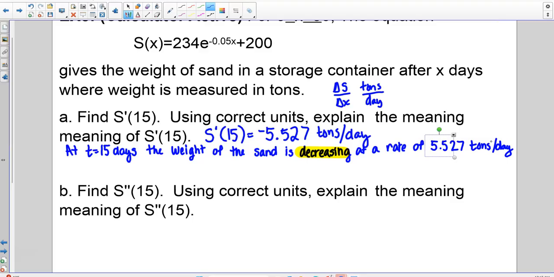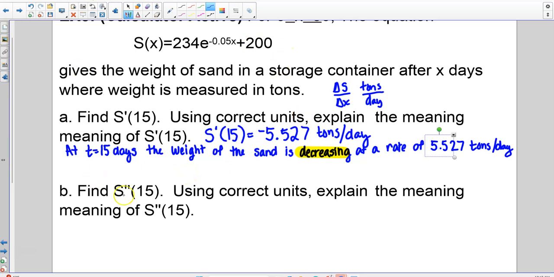That is acceptable. I don't think it's the clearest, so if you were writing a paper about this for work later on in your life, I don't think it'd be the best way to say it, but you can get by with it. But be very careful, don't say decreasing and then use a negative number.